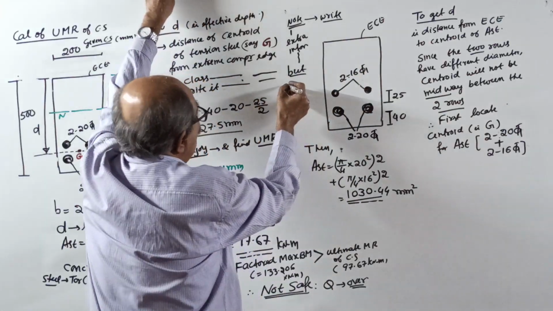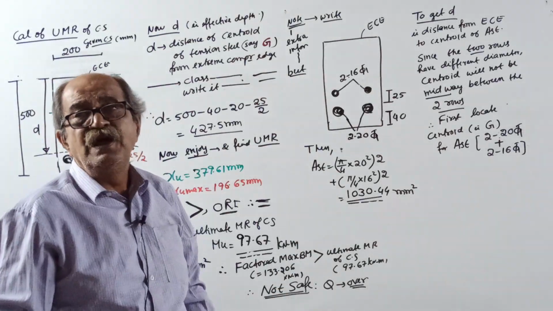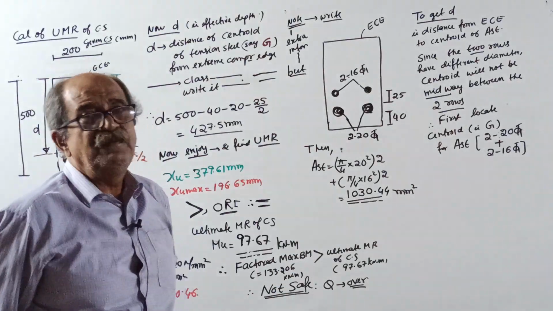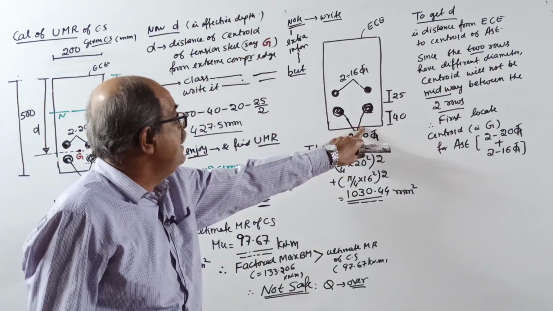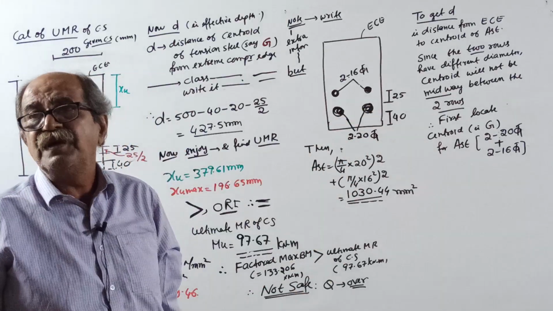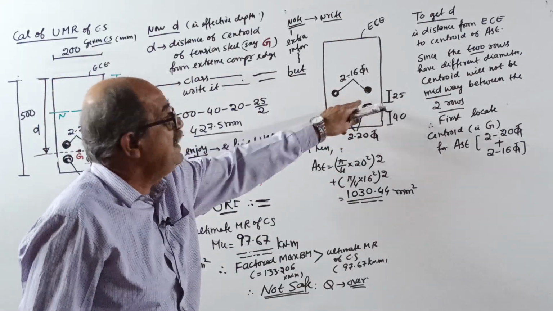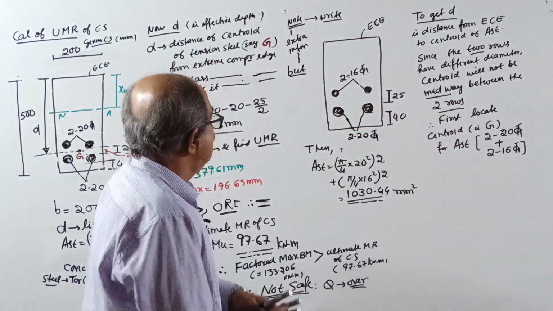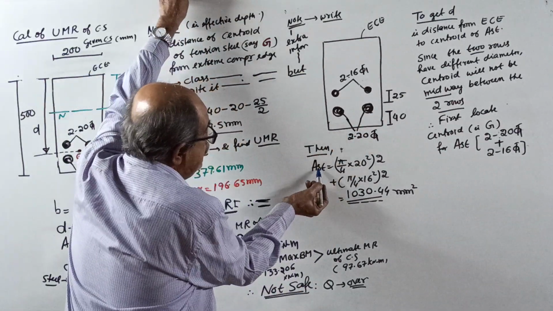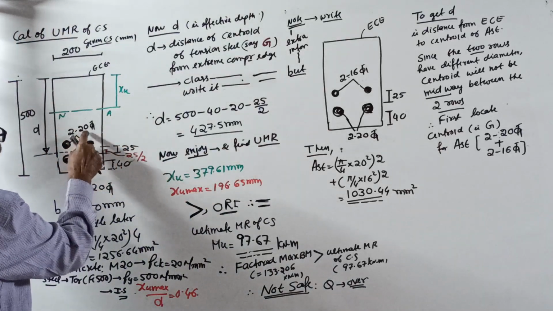If suppose in the question given, it is reinforced on tension side by 2 bars of 20 mm diameter at a clear cover of 40 millimeter, and then with the further clearance of 25 mm, there are 2 more bars of 16 mm diameter.